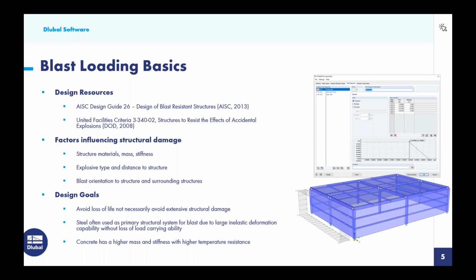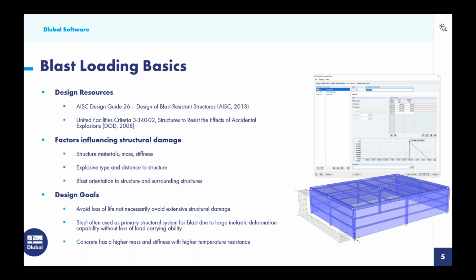Now, what are the factors influencing structural damage when we talk about these types of explosions? Well, we know that the structure material is definitely going to play a role, as well as the overall mass and stiffness. What else is important to know is the explosion type, as well as the distance to the structure.